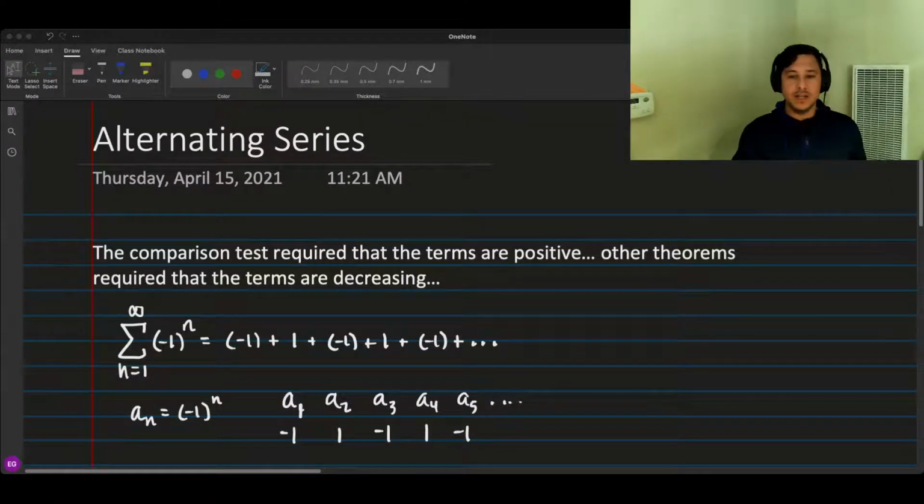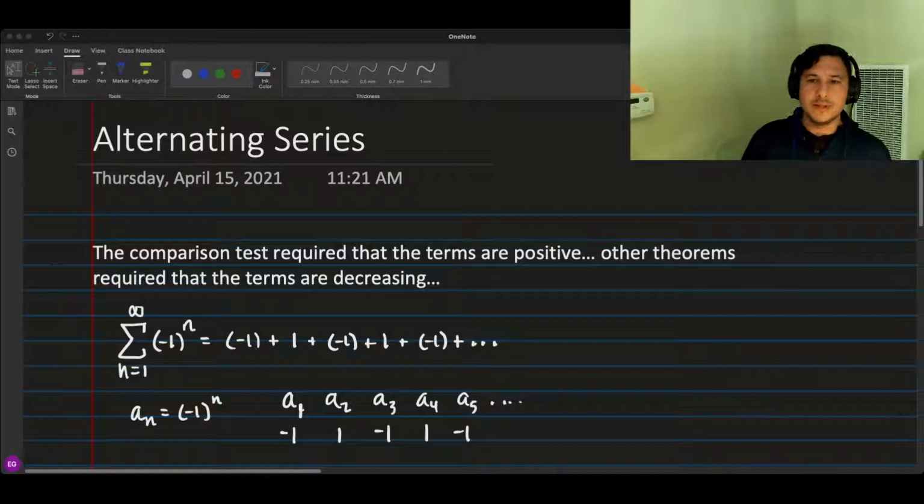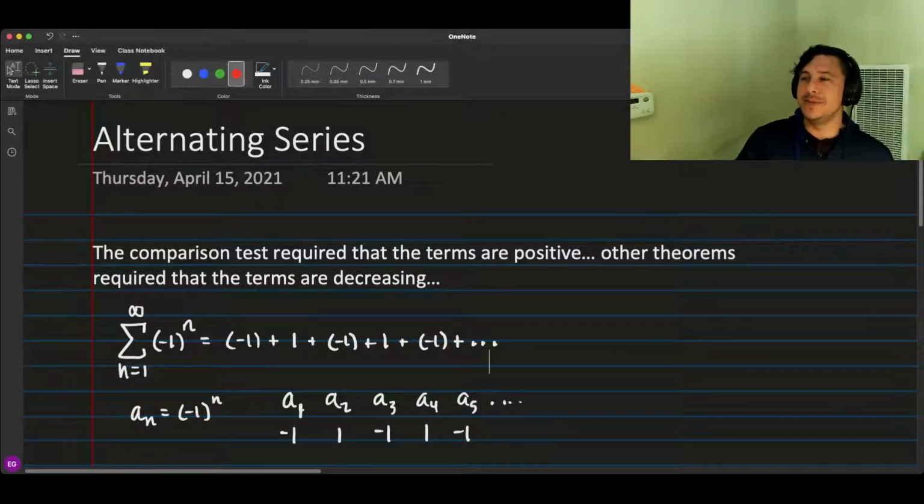And this actually leads us to a problem. What do you want to say the answer is for this? If you look at these terms, what would you be tempted to do? You'd be tempted to say it's 0, but what would be your justification?